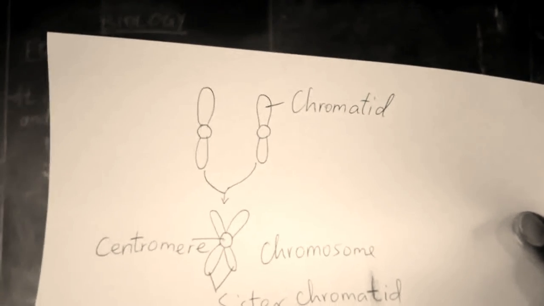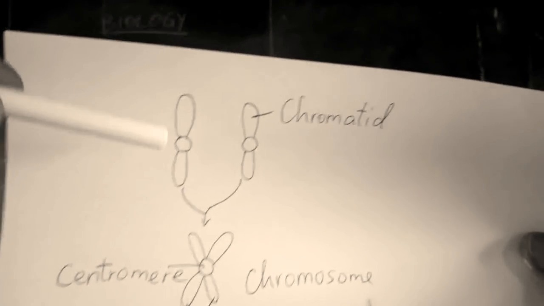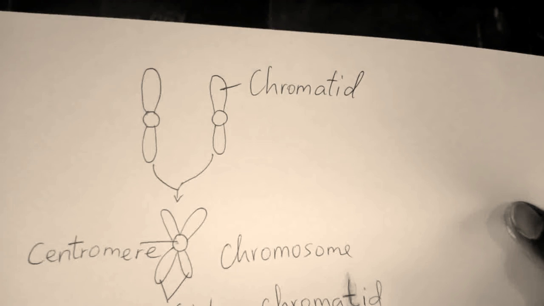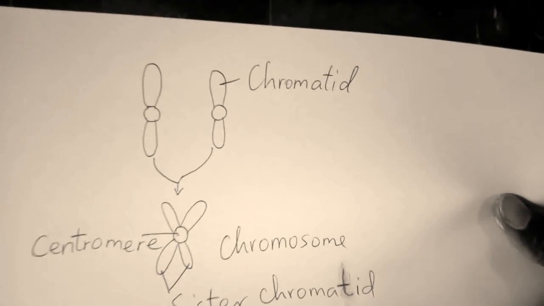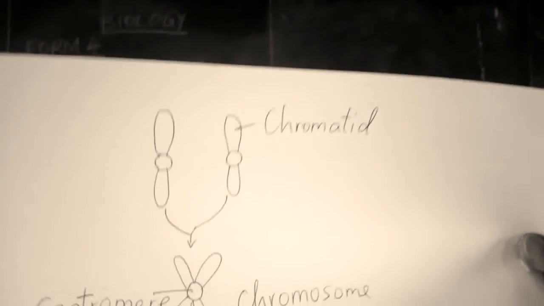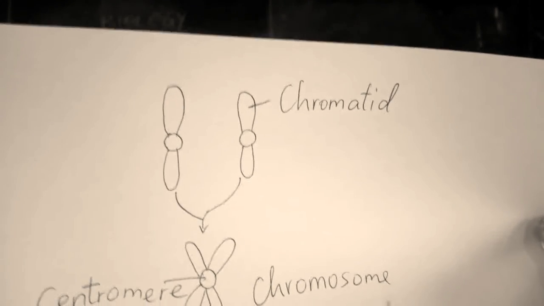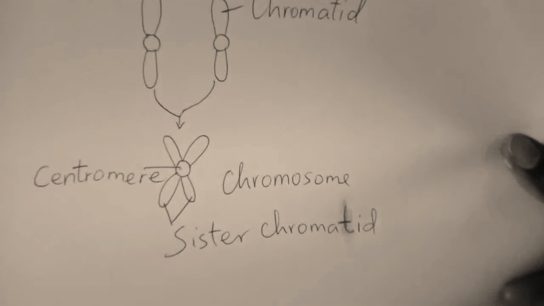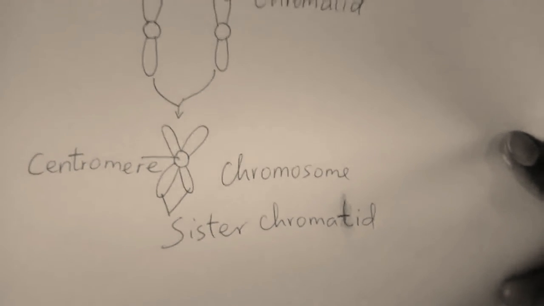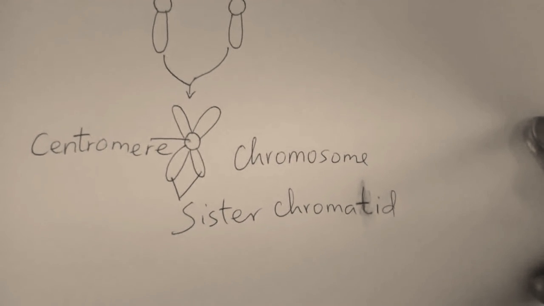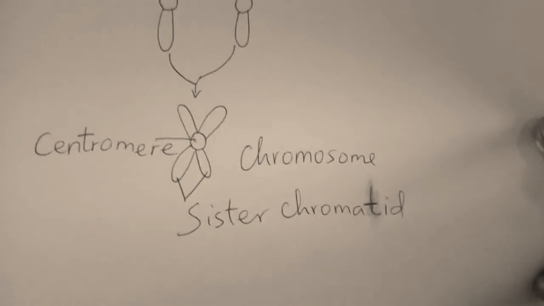The chromatids are joined at this part here. These ones join them together, hence forming a single chromosome. They were known as chromatids, but once they have been joined to form a single chromosome, they are joined at the part known as centromere. I think you're able to see the centromere, and the two that form a single chromosome are referred to as sister chromatids.